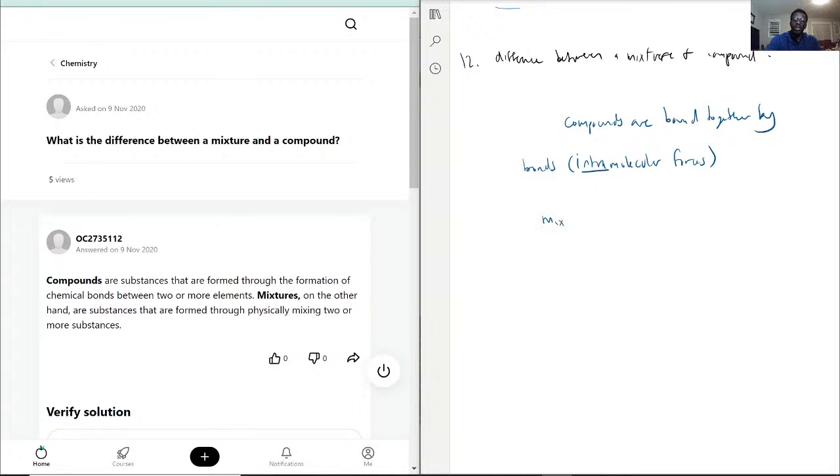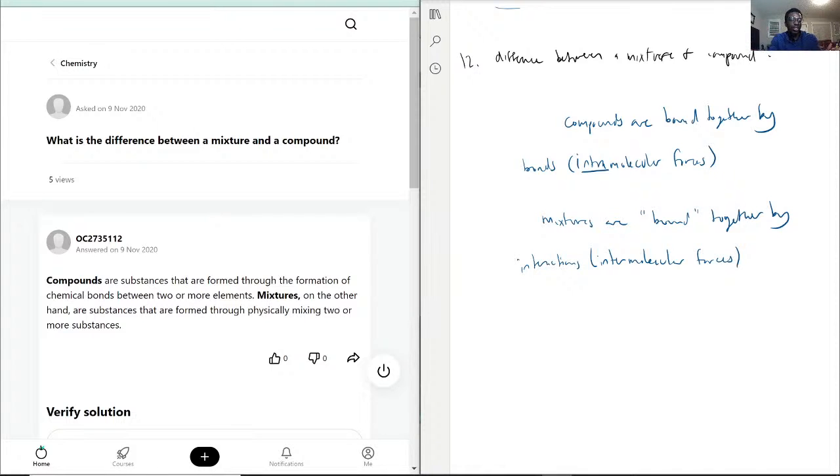Mixtures, on the other hand, are bound together by interactions, okay, intermolecular forces. Unfortunately, because we can't see air, that wouldn't be a good example of a mixture that's held together.